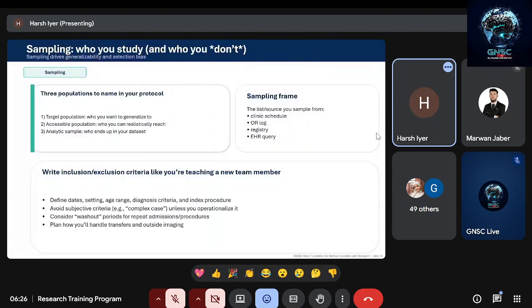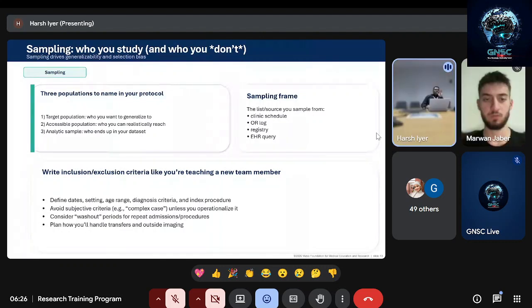So when it comes to sampling, I know that retrospective studies can have a selection bias, but there is always an advantage to doing a retrospective study, so that you can be as selective as possible also. It does not mean that you can generalize it to the entire population, but you can then answer specific questions.